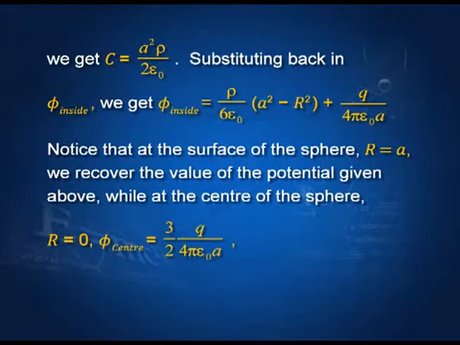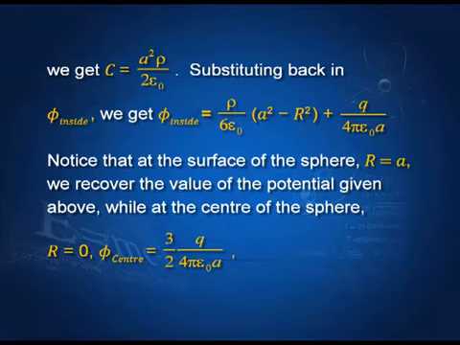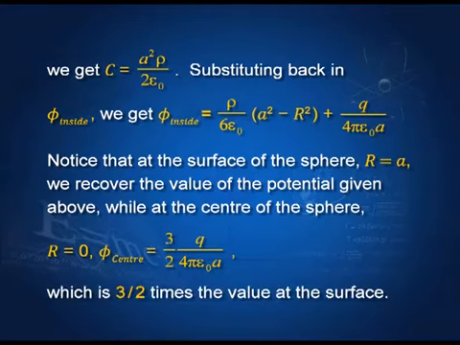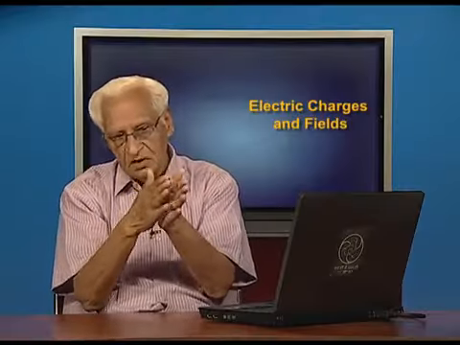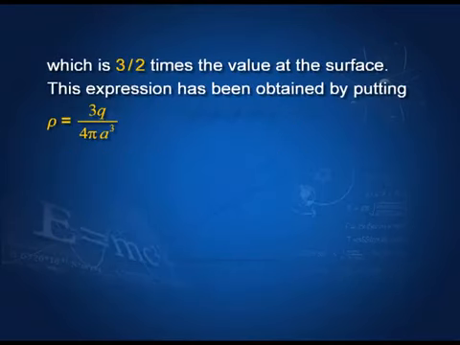At r equal to 0, we again recover the value of the potential at the center, which is 3 by 2 times q by 4 pi epsilon 0 a, which is 3 by 2 times the value at the surface. So, this continuity of the potential gives us the potential at the center if I put r equal to 0, and this is 3 by 2 times the potential at the surface.